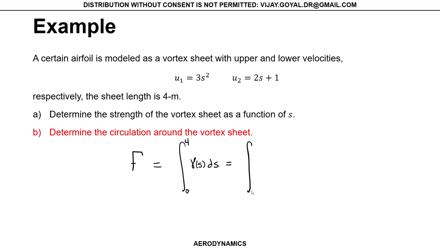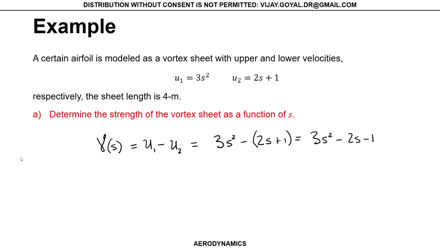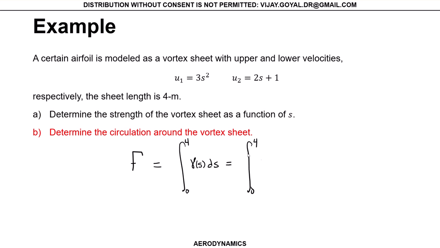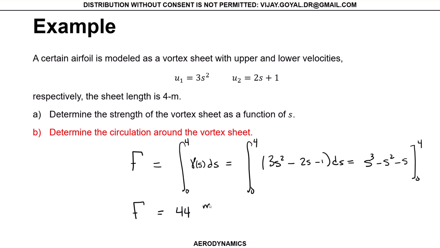That would be from 0 to 4 of 3s squared minus 2s minus 1 ds. That gives you s cubed minus s squared minus s from 0 to 4. If you evaluate all that, you find that this is equal to 44 meters squared per second.